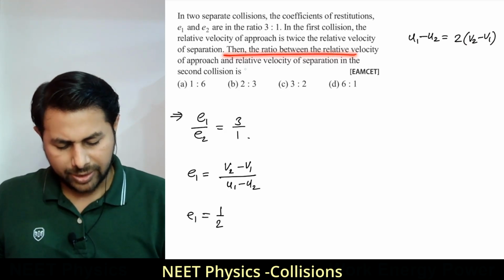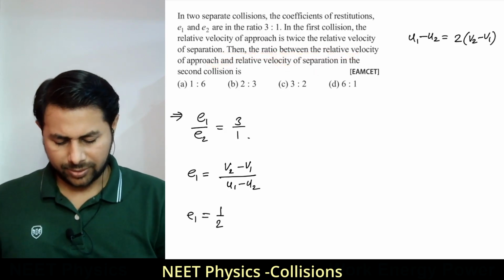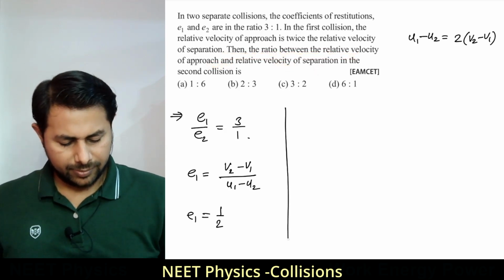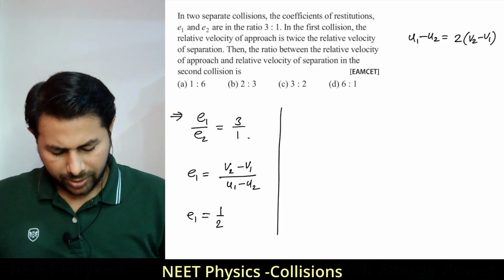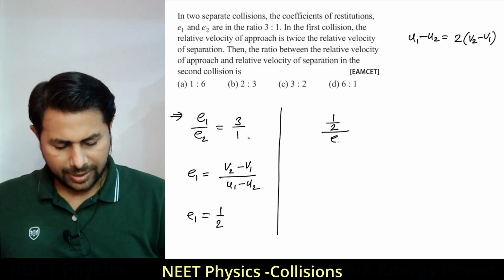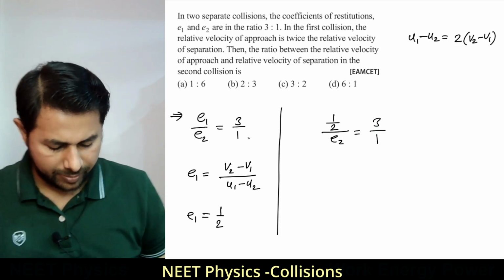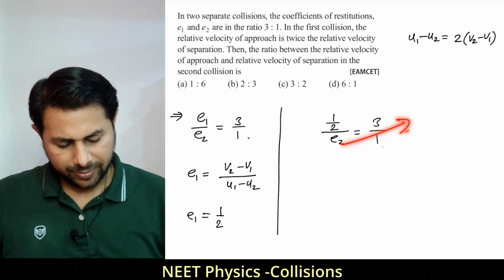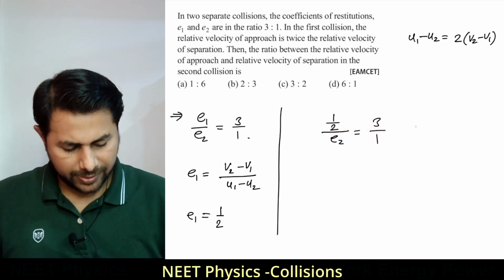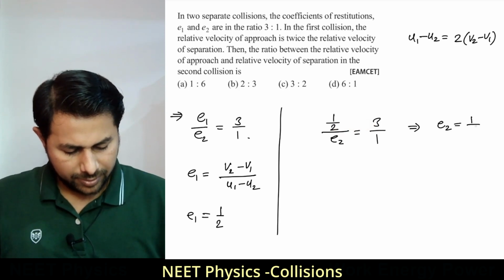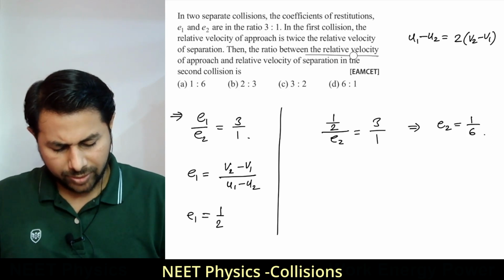So then the ratio between relative velocity of approach and relative velocity of separation in the second collision is, so very simple. Okay, so E1 is half, so this is half divided by E2, you have, this is 3 by 1. So move E2 on this side. Okay, 3 on this side, so E2 is equal to 1 by 6. But then you want ratio of relative velocity of approach.